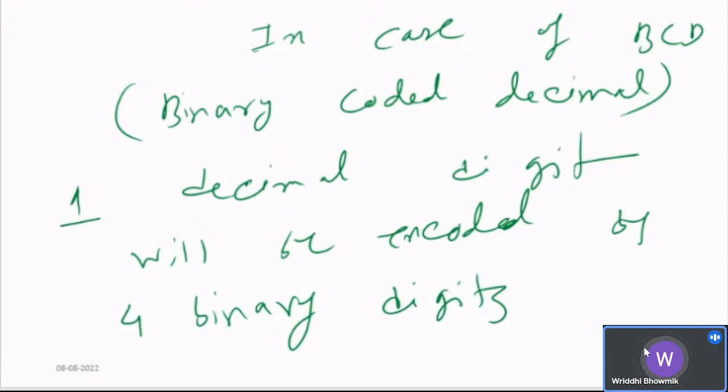In the case of BCD, one decimal digit will be encoded by 4 binary digits.